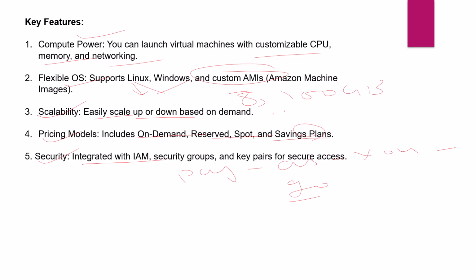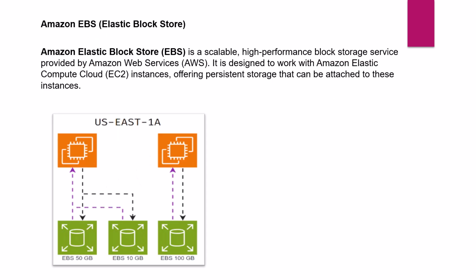Let's jump to the region, say us-east-1. Talking about the region, the availability zone is 1A. Why is it called 1A?